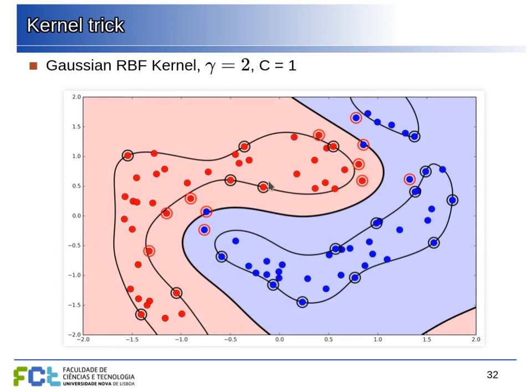So, for example, here with gamma equals 2, we have a margin here, and we start having margins here. So we are already considering that these parts are close to the discriminant and are beyond the margin. So you see, you can have a very powerful transformation of the data with this kind of kernels.